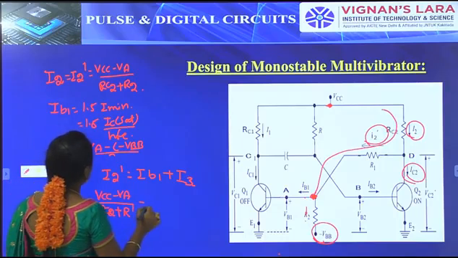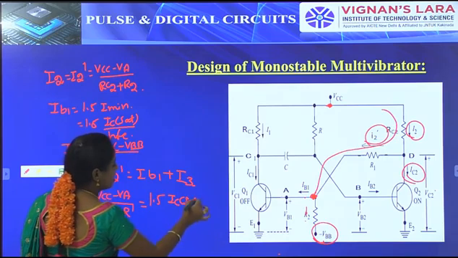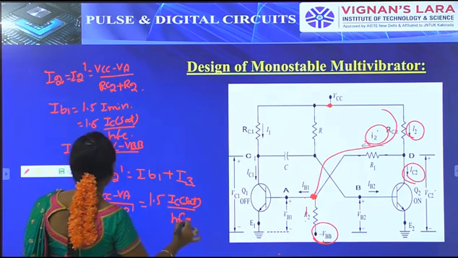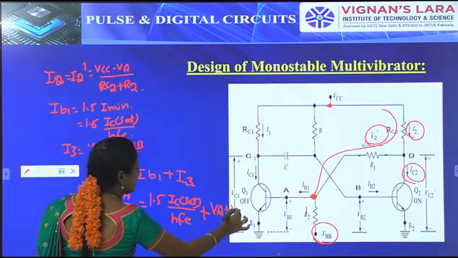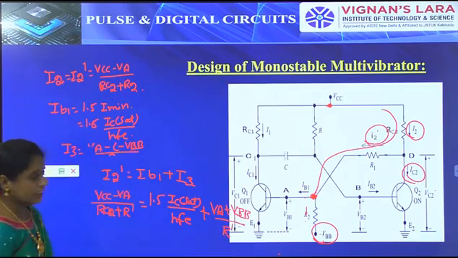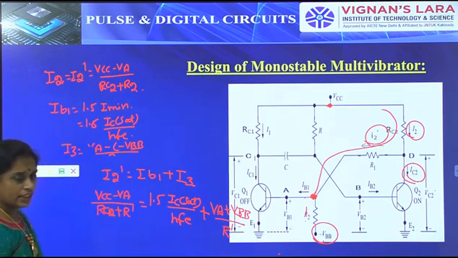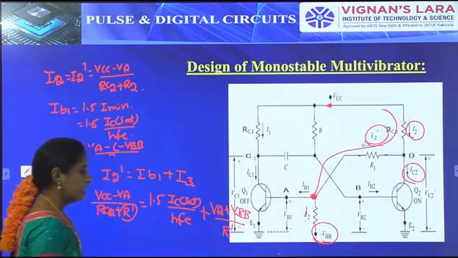I3 will be VA plus VBB by R dash. By substituting these values, as we know the VCC value, and in the problem they give VA, that is the cut-in voltage, and RC2, IC sat value and HFE. From that we get the R dash value by simply solving this equation.